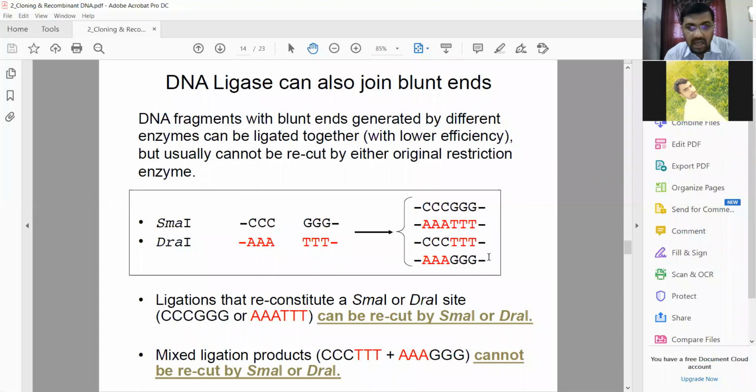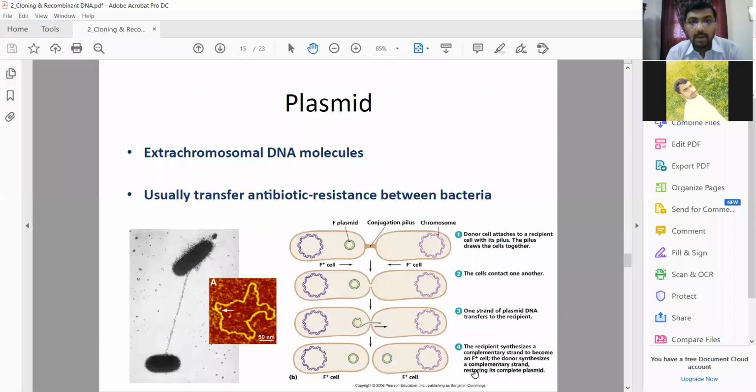And once these are obtained, ligation of reconstituted SmaI and RsaI mixed products would mean that we would not be able to recut these ligated products, these two, in future with SmaI and RsaI.